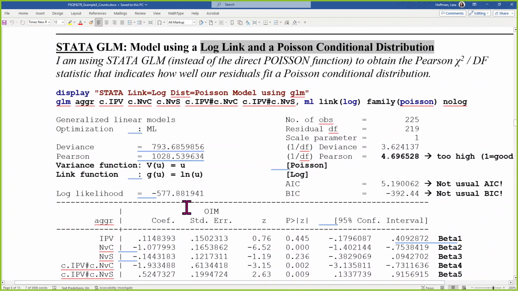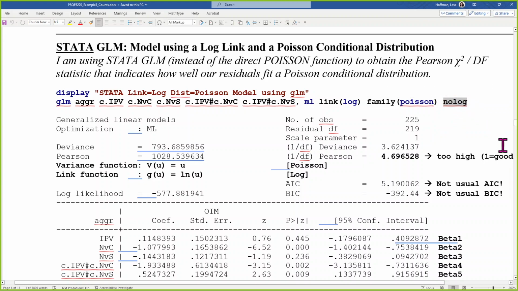So the model is exactly the same. Generalized model, in Stata to start with, and then I'll show it in R as usual. Using maximum likelihood, it wants to know what kind of link you want, log, what family, it means distribution by that, Poisson. And no log, by the way, out here just shortens the output.